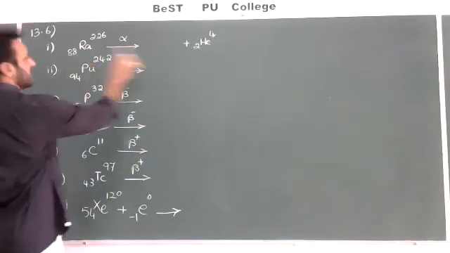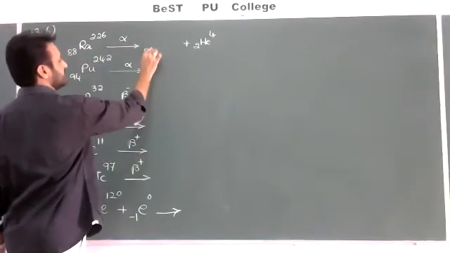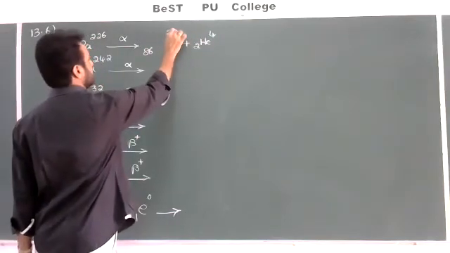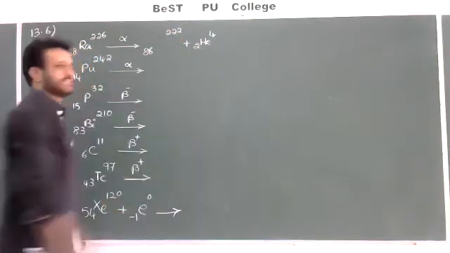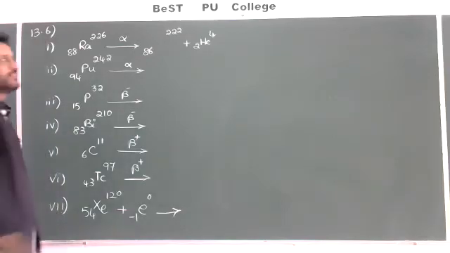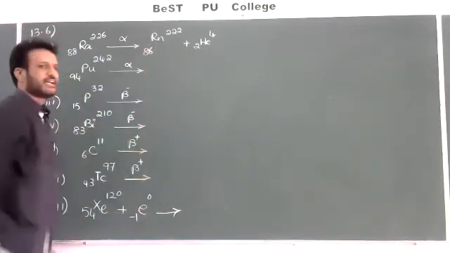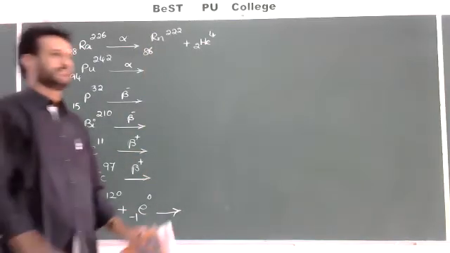Here 88 minus 2 is 86, and 226 minus 4 is 222. So with atomic number 86, the nucleus is radon, Rn. Note down the first equation.